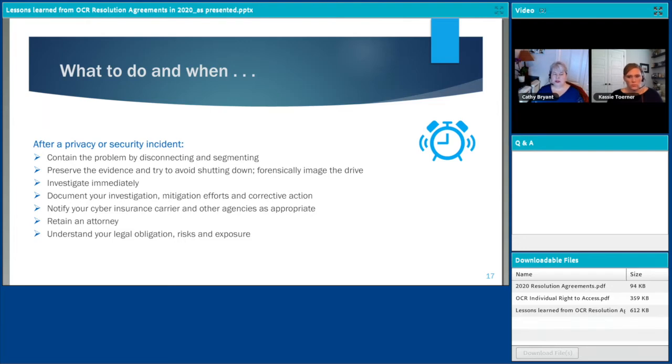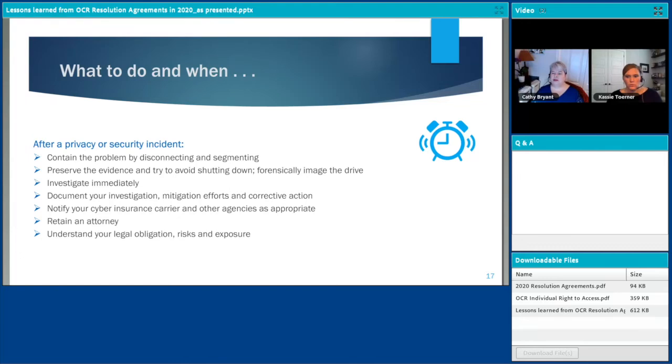We don't want you to turn off the device because sometimes simply turning off the device destroys the forensic evidence on that device, because forensically they're going to want to image the drive. You want to begin your investigation immediately and document your investigation, mitigation efforts, and corrective action.